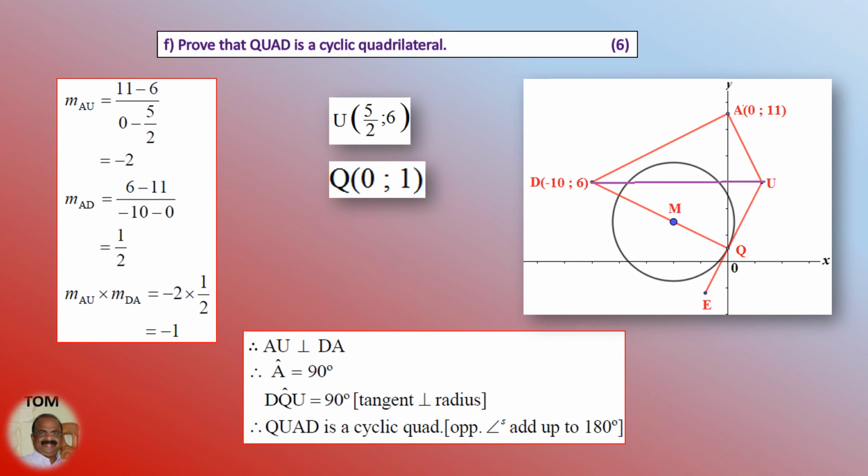Tangent is perpendicular to radius. So angle DQU must be 90 degrees. So in the quadrilateral QUAD, we have angle A is 90, again angle Q is 90, making 90 plus 90, 180. Therefore, QUAD is a cyclic quadrilateral.